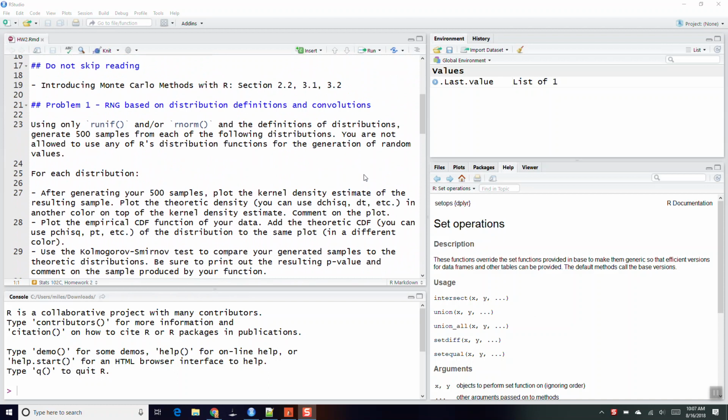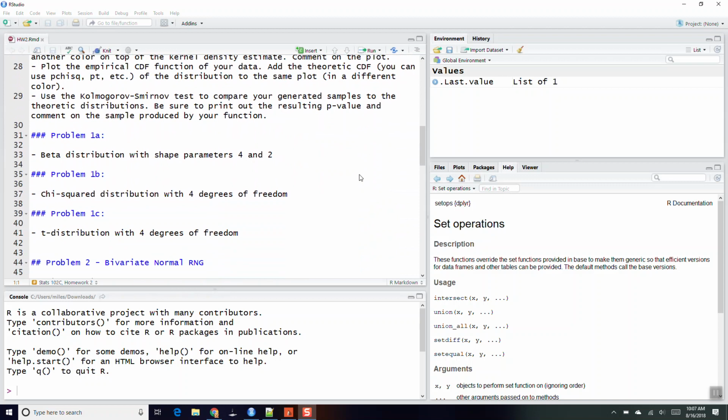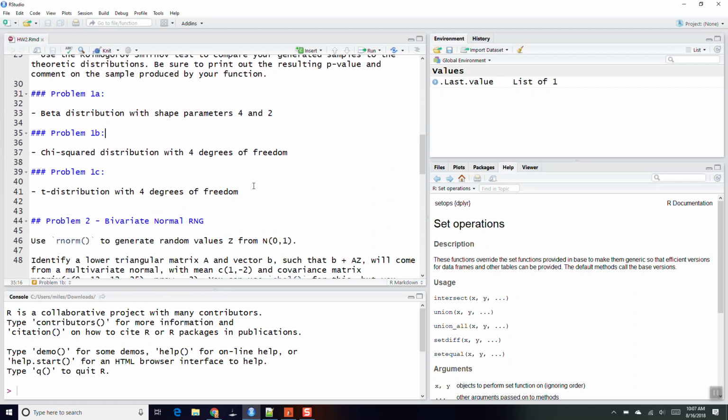So last week we had inverse CDF and rejection sampling, and then on Tuesday we covered some things based on the definitions and convolutions, and so you might have to look up some of the relationships between distributions.